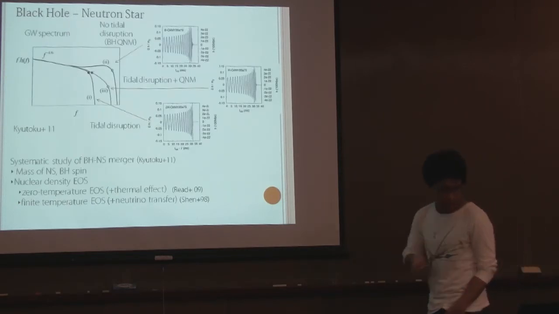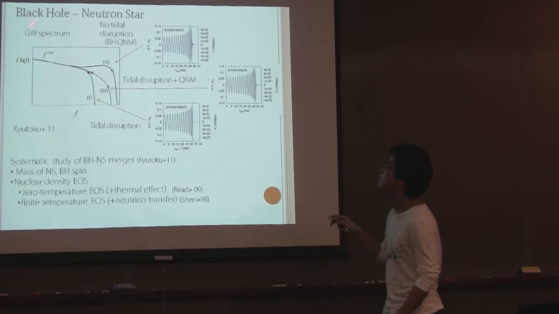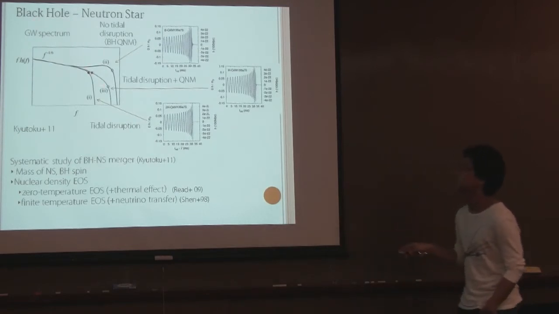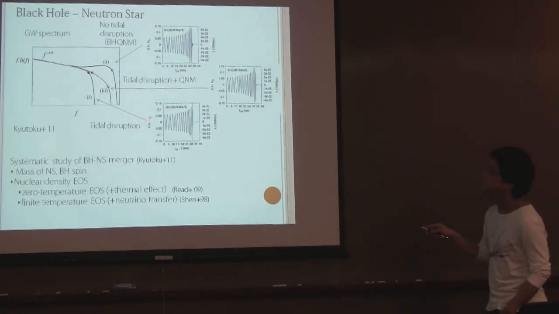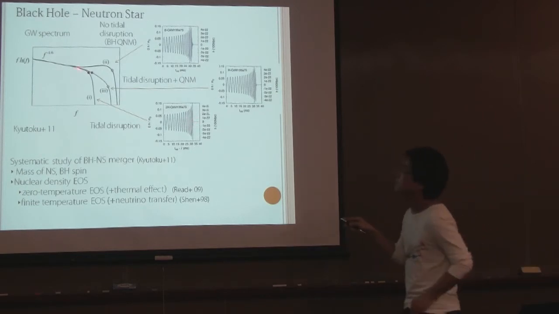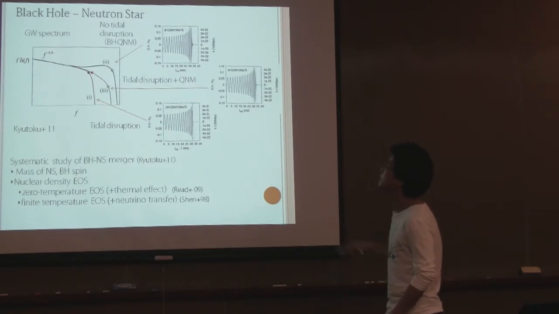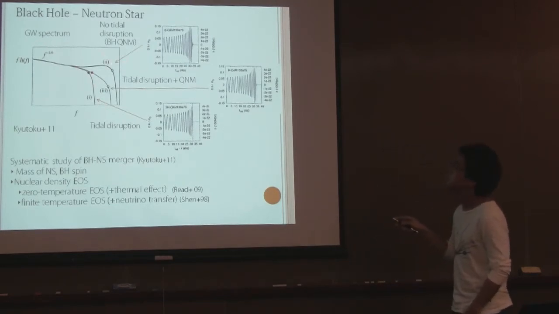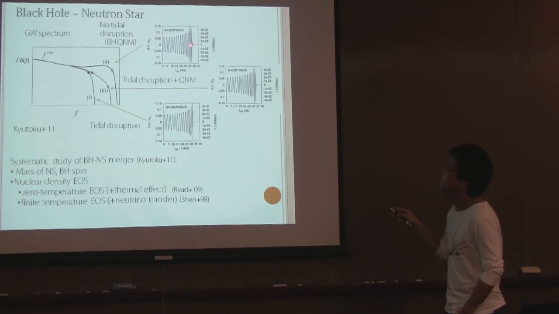This is a schematic picture of the gravitational wave spectrum in a black hole neutron star system. The first case is a tidal disruption case, and the gravitational waves suddenly shut down. This shutdown is imprinted as an exponential decay in the spectrum. The second case is a no tidal disruption case.